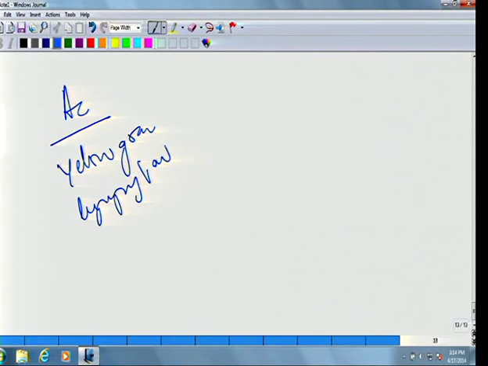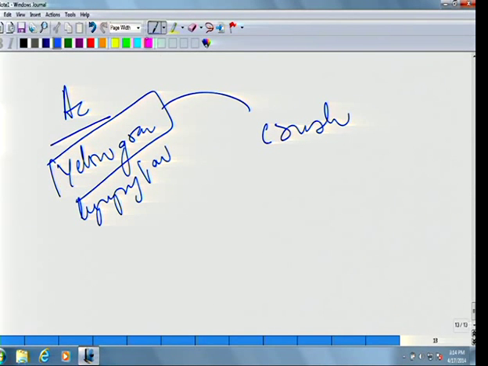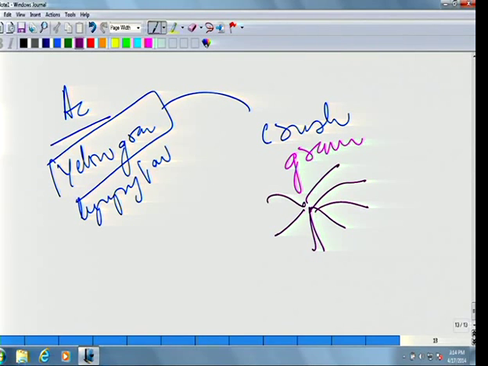Lumpy jaw. So when you crush these granules and gram stain them, what will you see? You will see filamentous bacteria. These granules are nothing but clumps of bacteria.